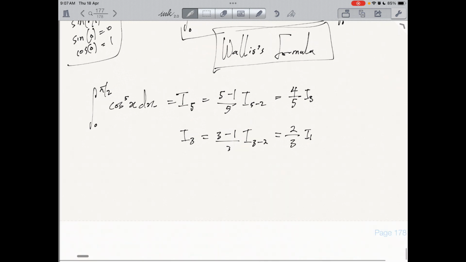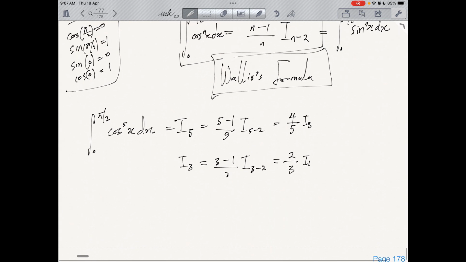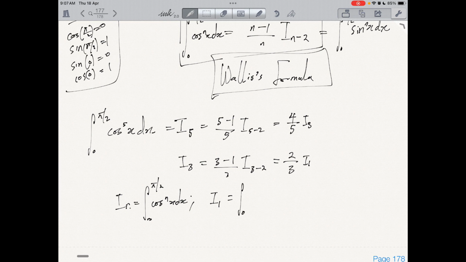And likewise, we can evaluate I1. You know that I_n is equal to the integral of cos raised to power n x dx. Therefore, I1 is equal to, this has a limit of 0 to pi over 2, the integral from 0 to pi over 2 of cos x dx.